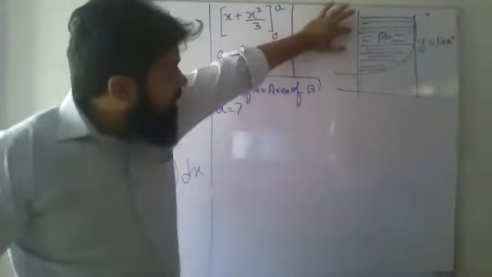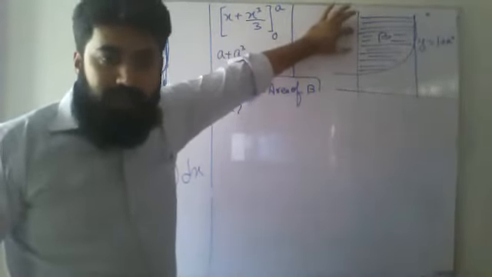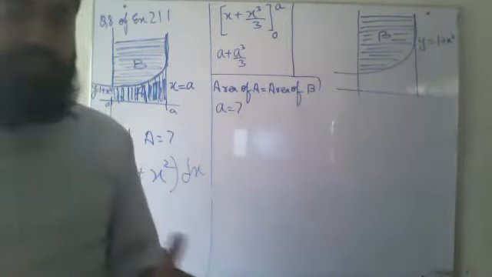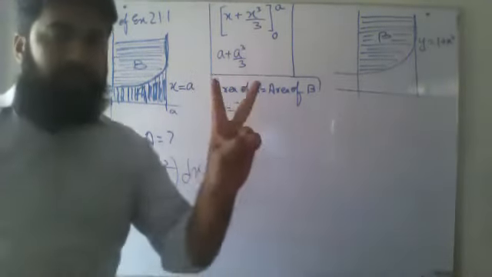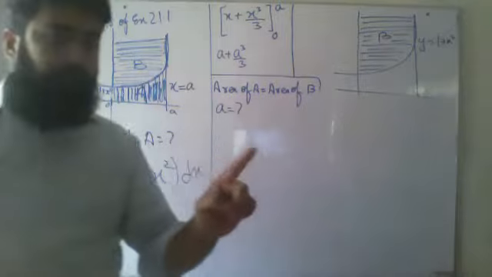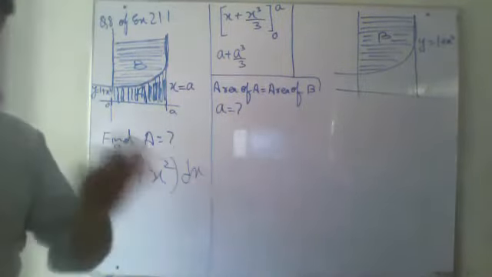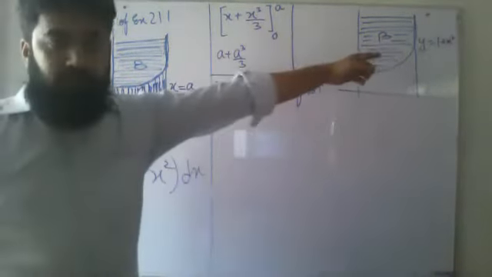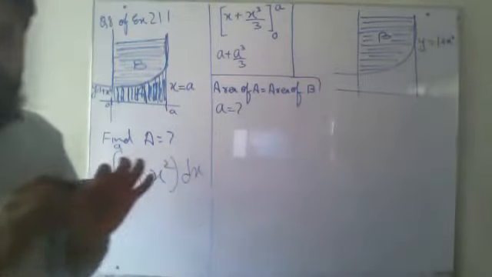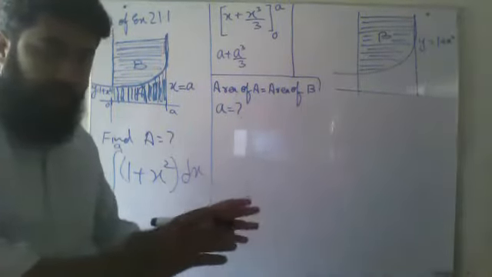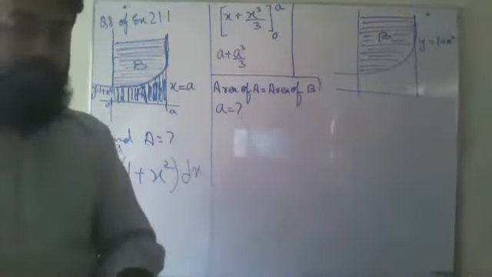What is the axis? Y-axis. When it is the y-axis, two things you have to do. First of all, the equation's subject should be x and the equation should be in terms of y.